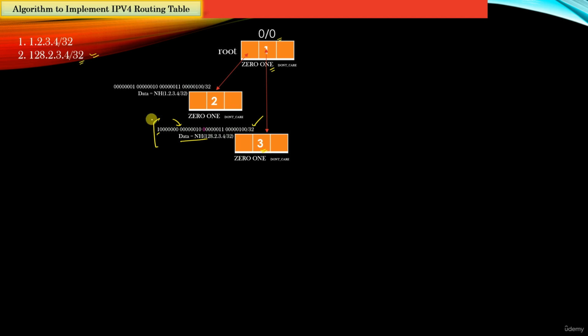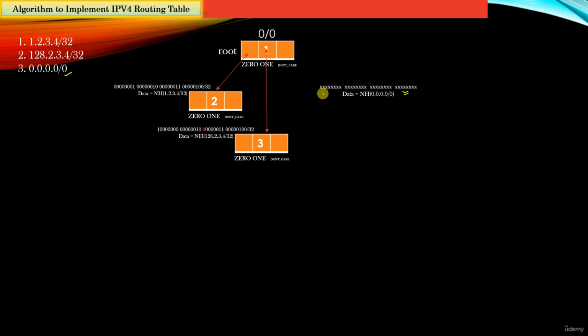We just scan the first bit of the effective prefix of the new route, and based on that we insert a new child node as a child of the root node. Similarly, suppose you want to insert route number 3, which is a default route 0.0.0.0/0. The effective prefix representation of this route is nothing but all don't cares.